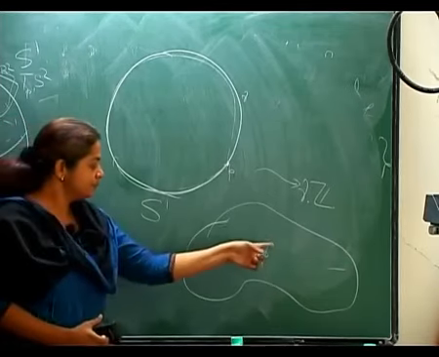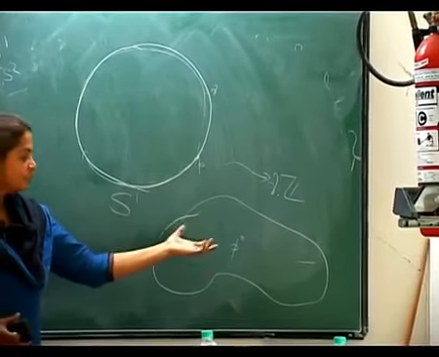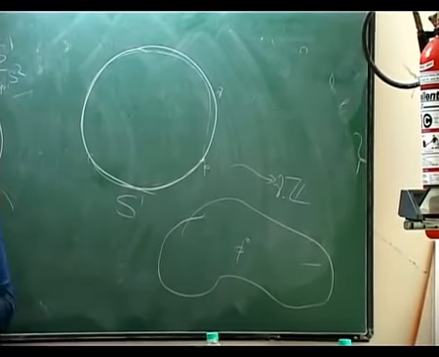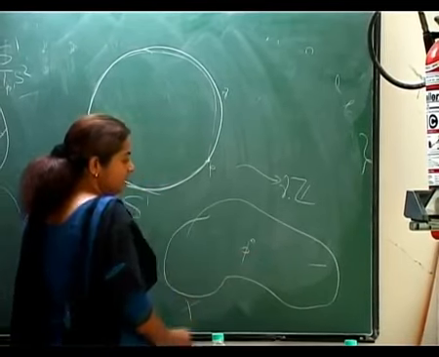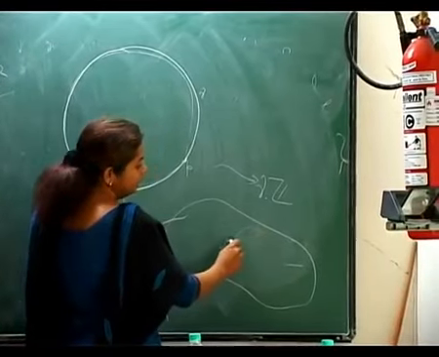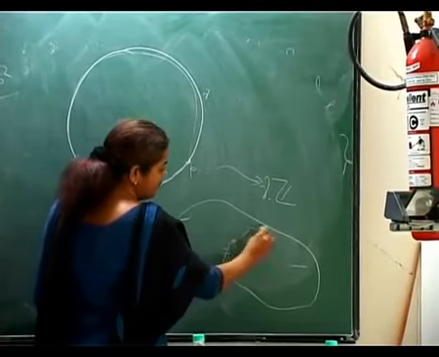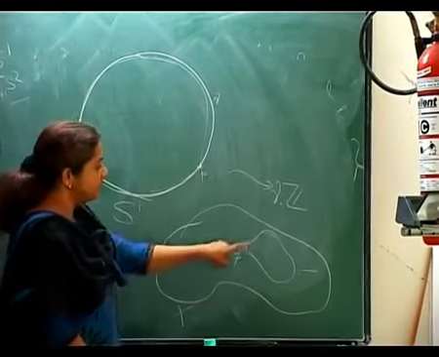That's why the invariants you attach are independent of the base point you choose. Suppose I fix a point P here, I would firstly take the collection of all loops, which are going to be closed paths, closed arcs, which start at P and end at P.